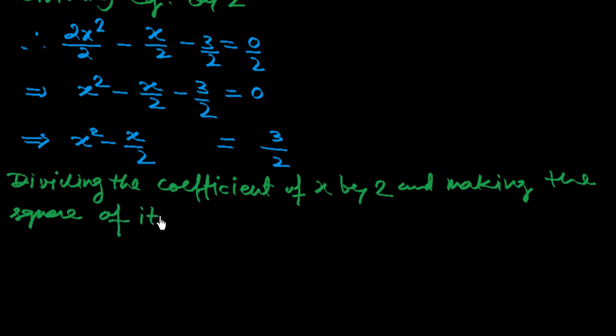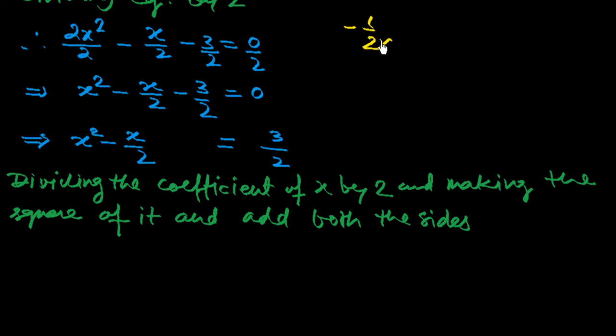And add it to both the sides. Now I explain how we do this. The coefficient of x is minus 1 by 2 and we divide it by 2. So we get minus 1 by 4, and making the square of minus 1 by 4, we get 1 by 16.